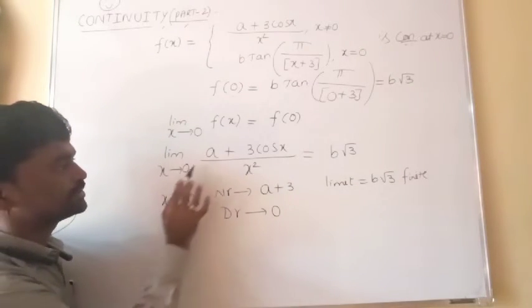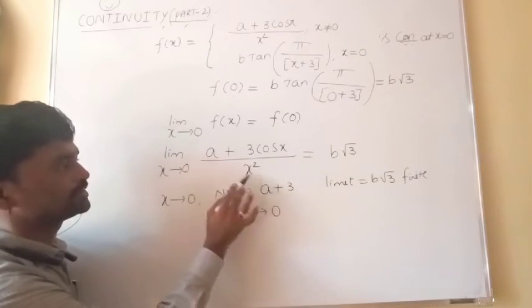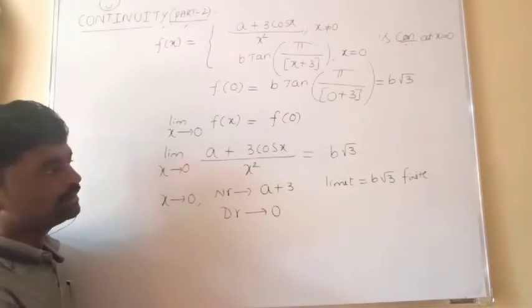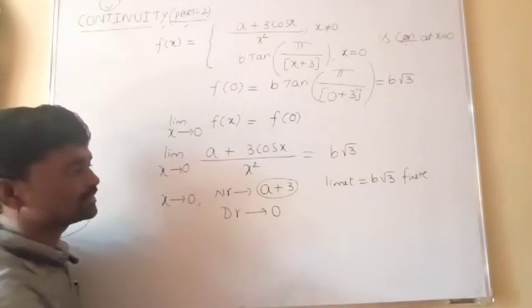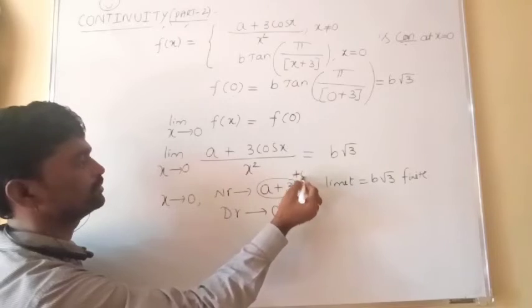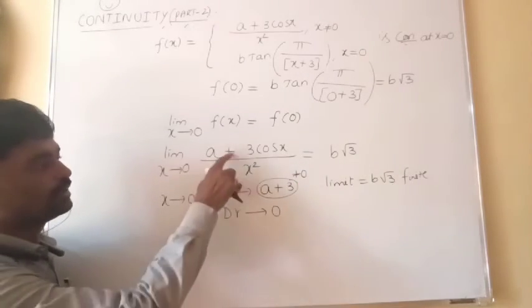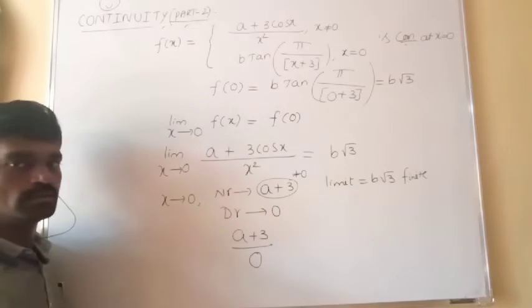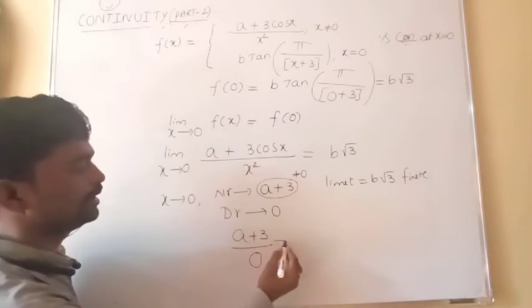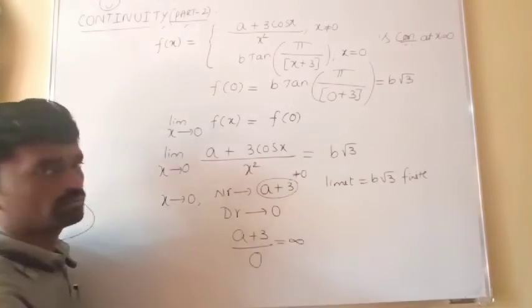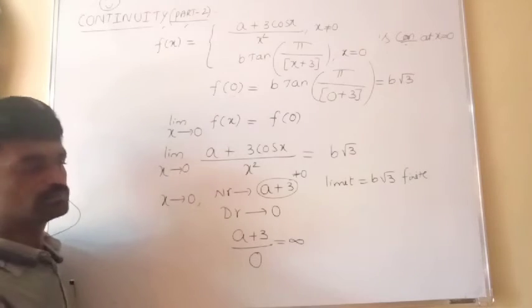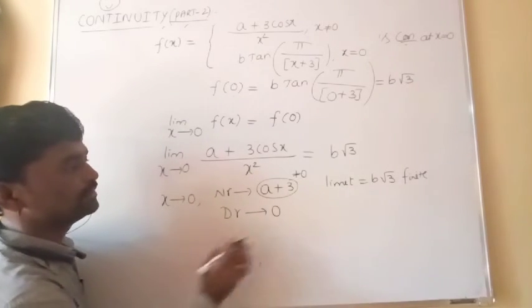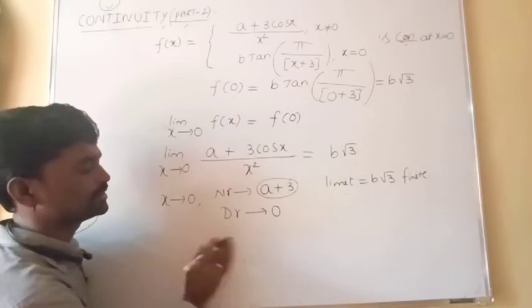So when x tends to 0, the numerator is a plus 3, the denominator is 0. Suppose a plus 3 is not equal to 0, then we get a plus 3 by 0, which is infinite. But here we have some finite quantity. So the assumption that it is not equal to 0 is wrong.